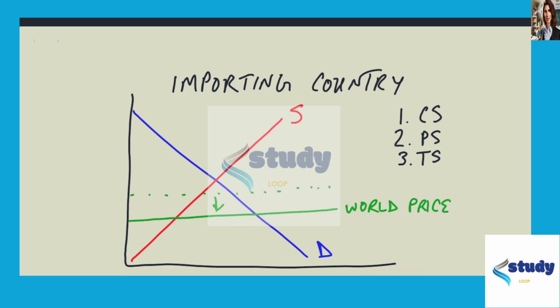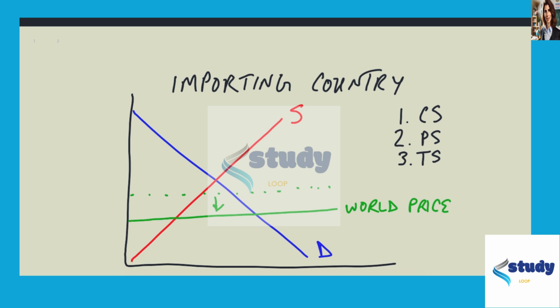As the Chinese clothing industry expands and increases exports and begins lowering the world price, it's going to have very similar but slightly different effects for an importing or an exporting country. So, for an importing country, like, say, the United States, let's see what happens to consumer surplus, producer surplus, and total surplus.